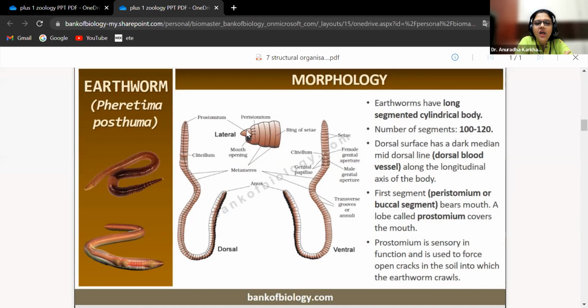Prostomium. The segment right after the prostomium is the peristomium. Pro means ahead, peri is at the back side. Got it? What are the key points to remember? What is prostomium? What is peristomium?